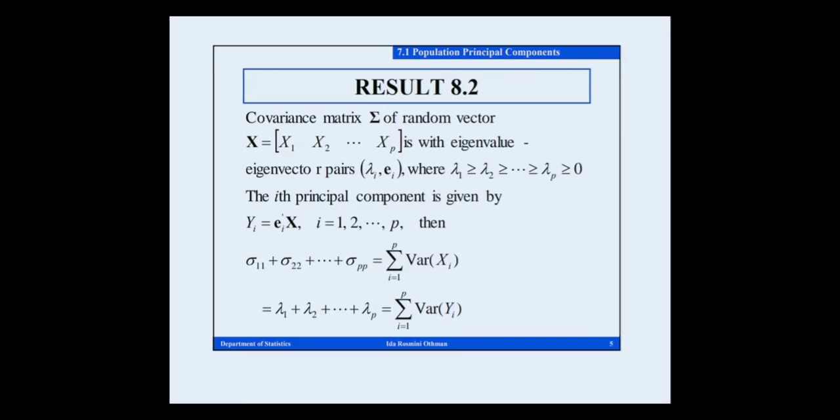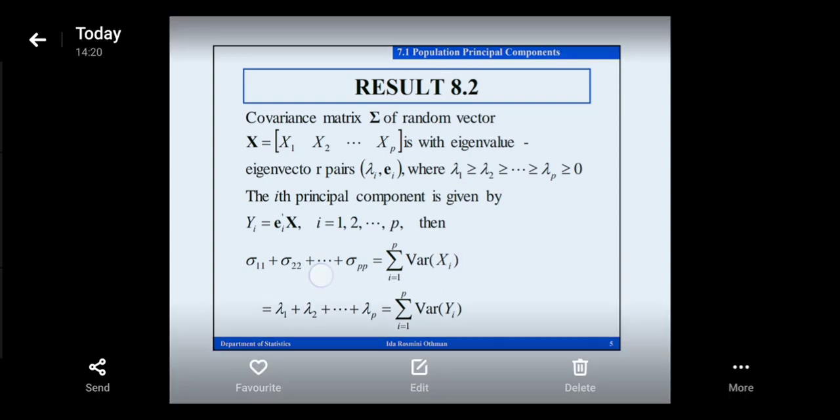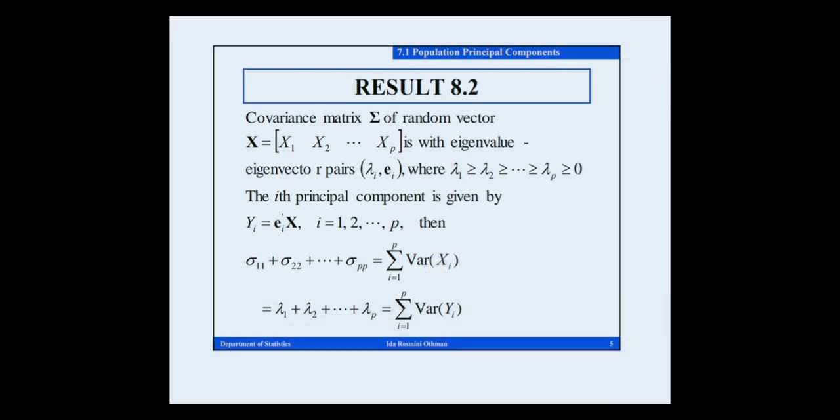Okay, let's see the next theorem, result 8.2. Your textbook, page 432. So this theorem saying that, we know that this is the ith principal component tadi from the previous theorem, result 8.1. So from that we also can know that the summation of variance of x, macam mana dapatkan variance of x ni?